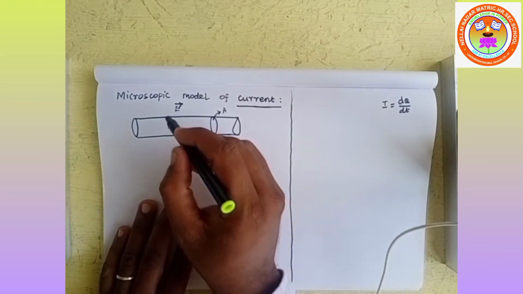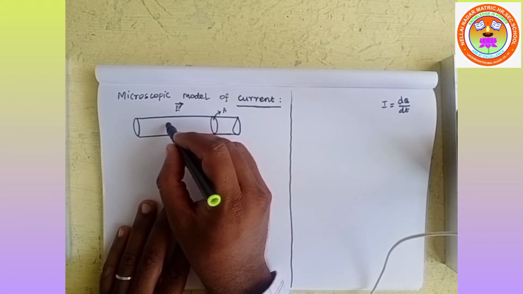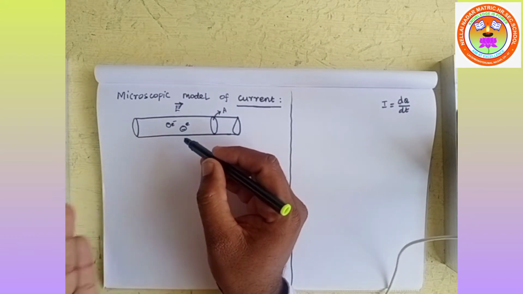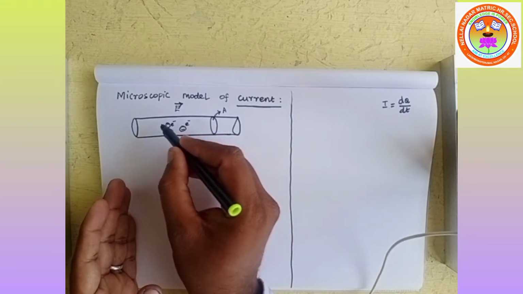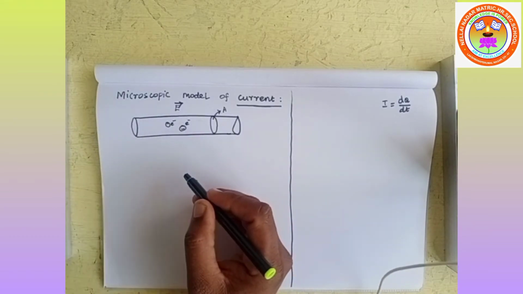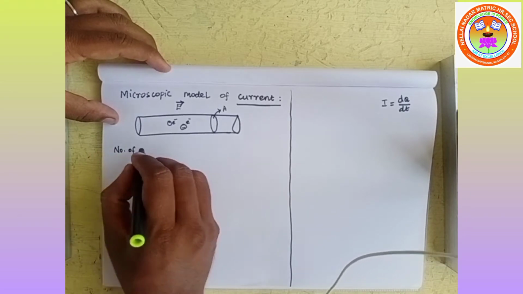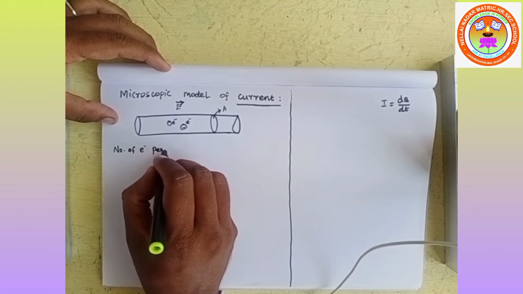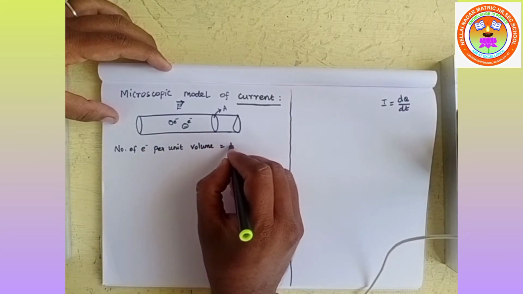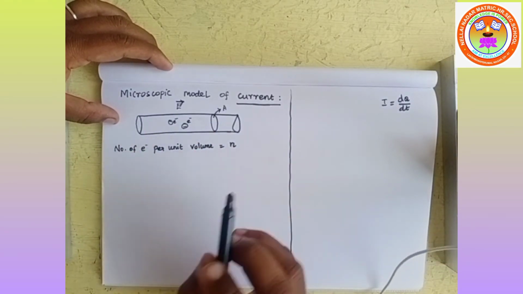When the electric field is applied, the electrons present in the conductor experience a force and move from one point to another. Here we take the number of electrons per unit volume, which is equal to small n.